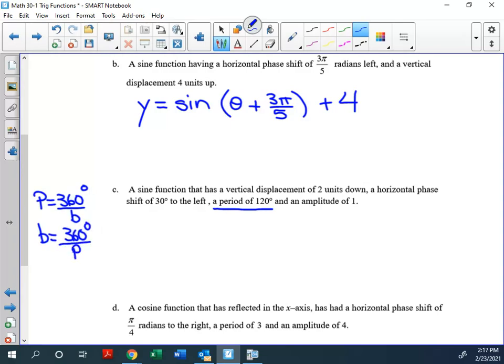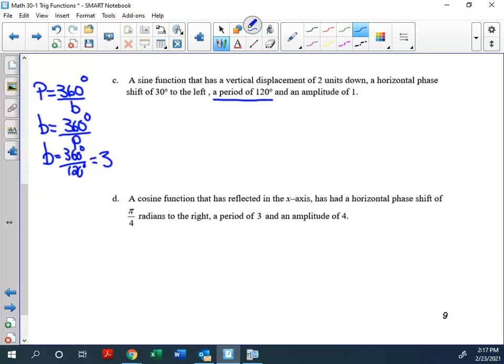That's the one thing I needed to calculate, but you had the equation for it. So my B value is going to be 360 degrees divided by 120. So my B value is 3. Don't reciprocate it again. We've already taken care of that. That is the B value. So that's the one piece of information that you had to figure out on your own.